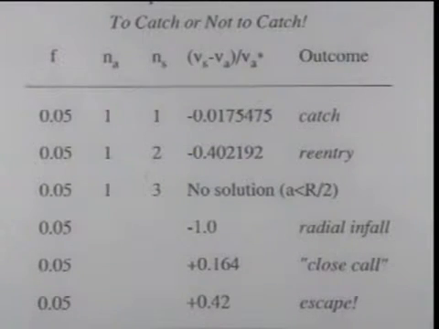You see there the F value is always 5% we took, and you're going to see here the numbers for the number of times that Miri passes through point X and the number of times that the sandwich will pass through point X. This is that very first case that we worked on together. Here you see that number minus 0.017, and you see indeed that is a successful catch.